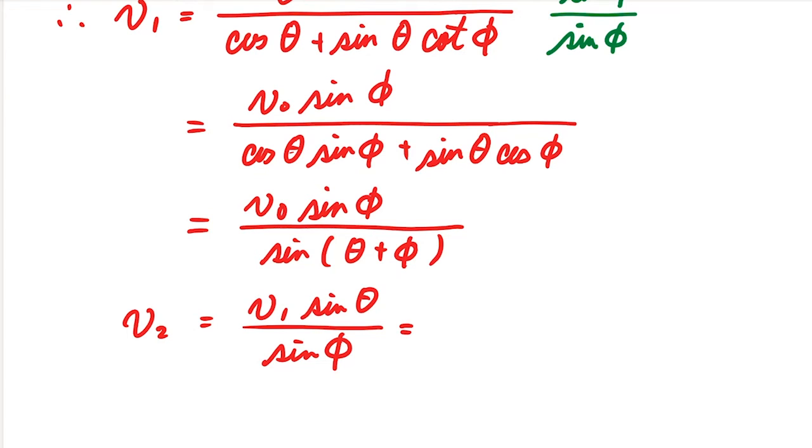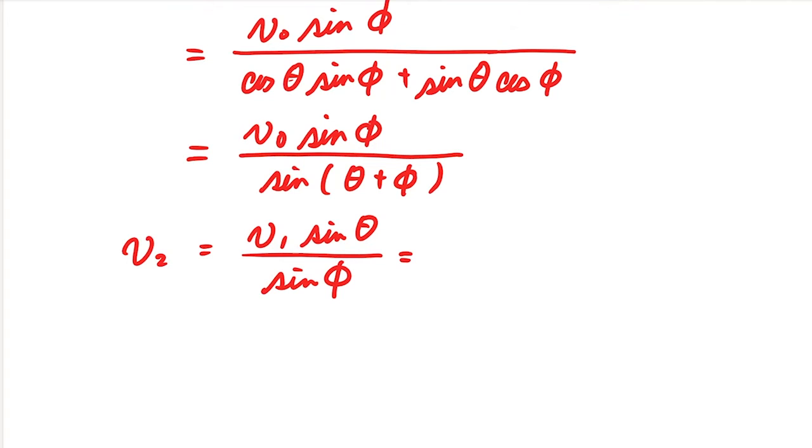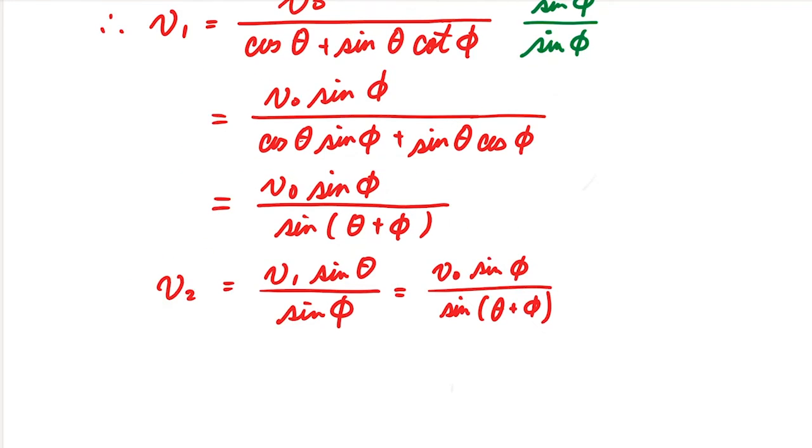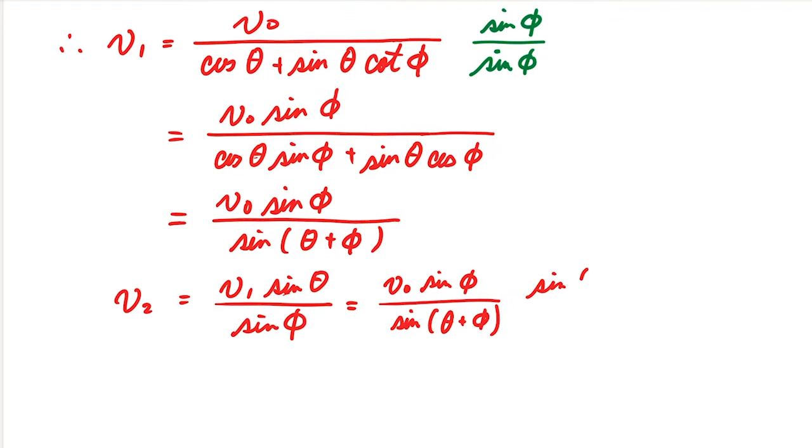So V1 is this thingy, right? So we have V1, which is V naught sine phi over sine theta plus phi, times sine theta over sine phi.